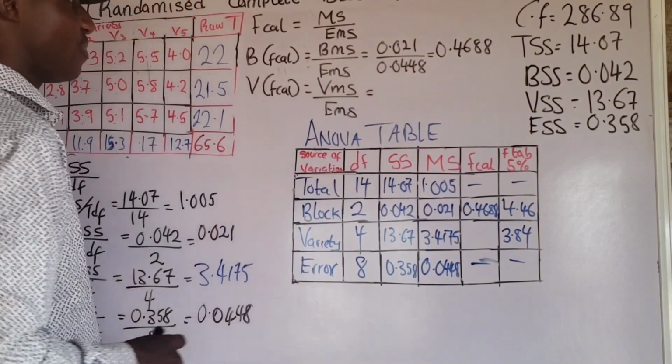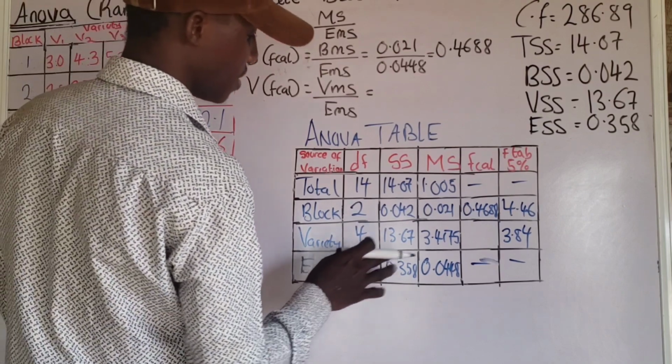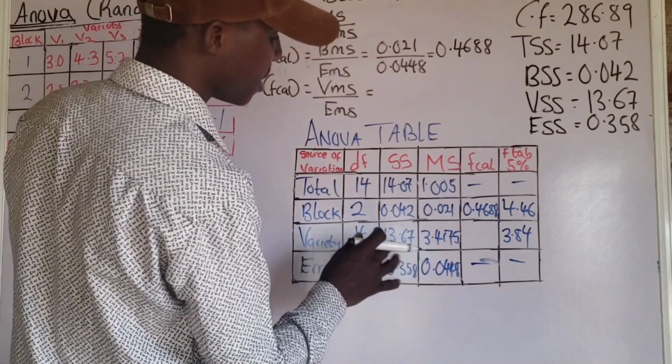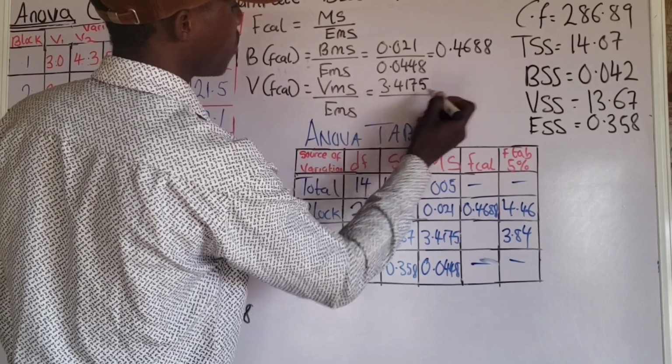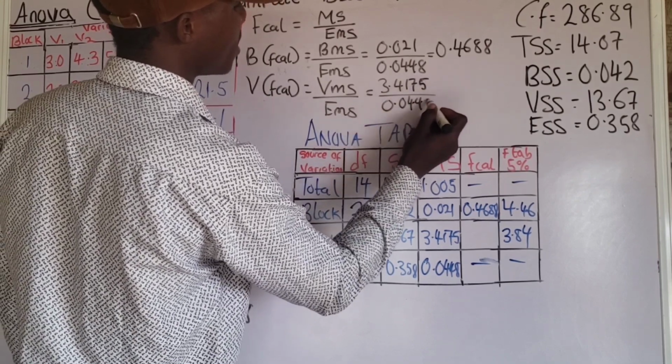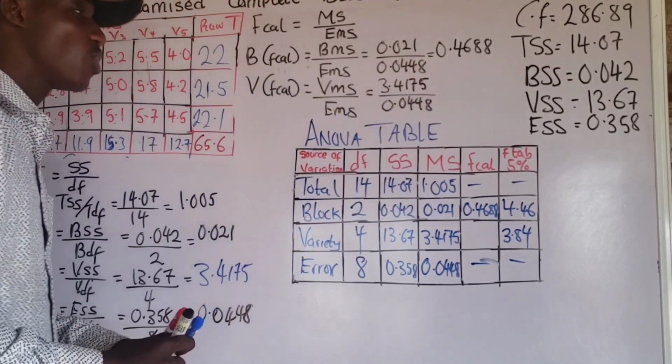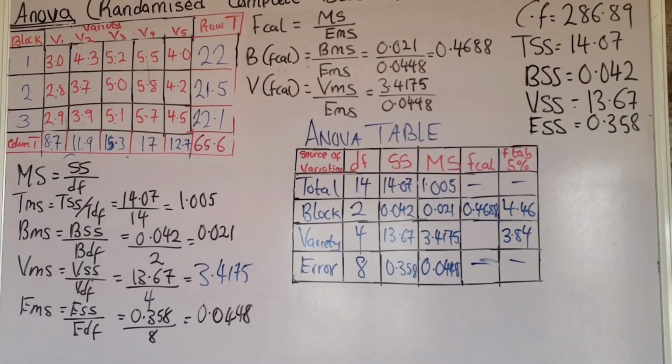Variety mean squared is 3.4175, all over 0.0448, which is the error mean squared. If you punch your calculator, 3.4175 divided by 0.0448 is 76.28.